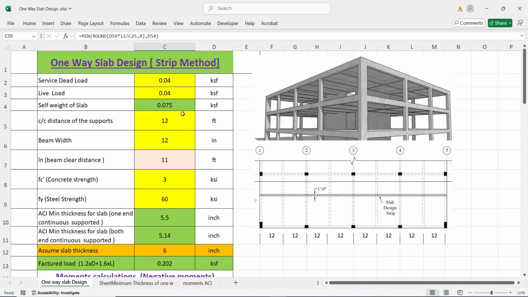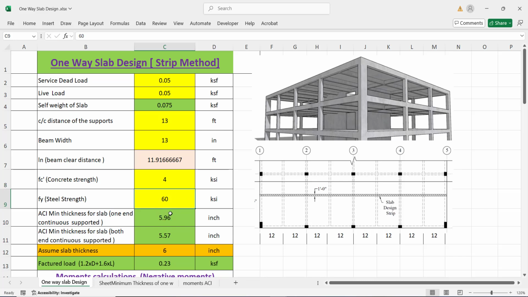Suppose I change this load to 5. Then I can change this to 13 feet. You can use the yellow cells to feed values. Okay, 3 you can change to 4.